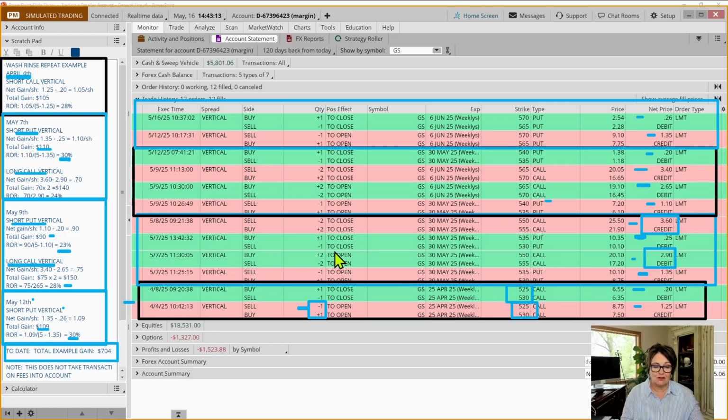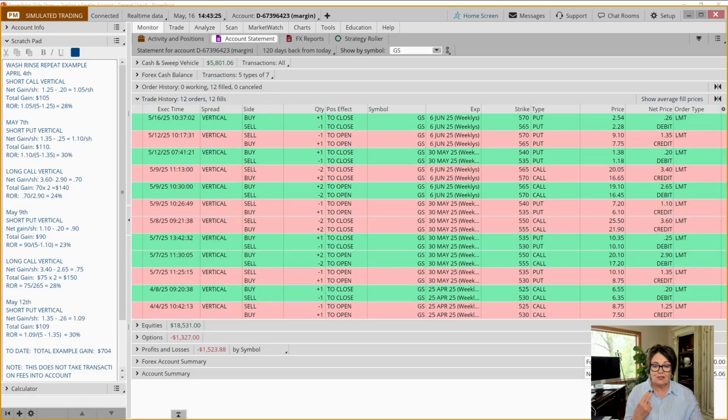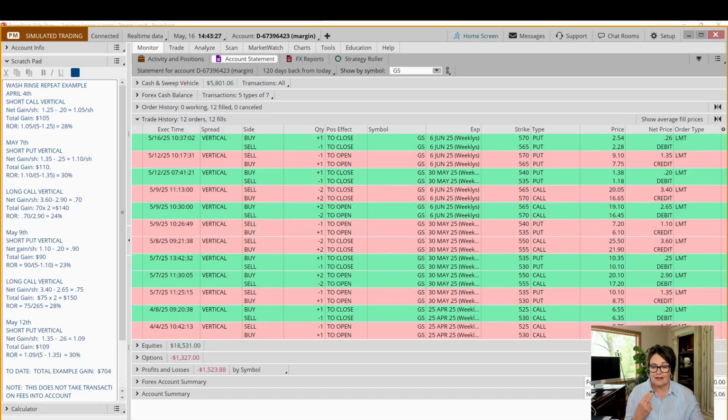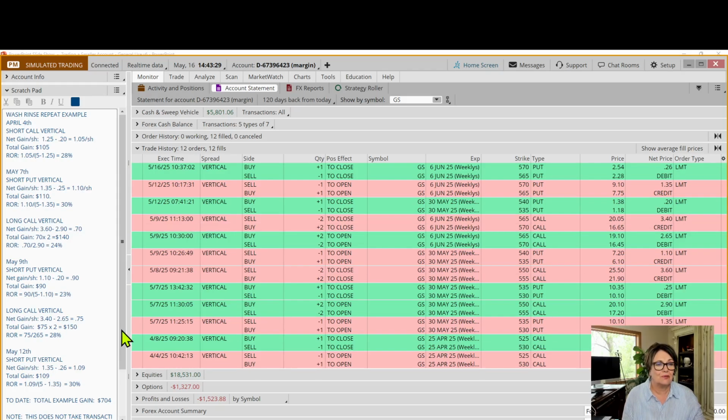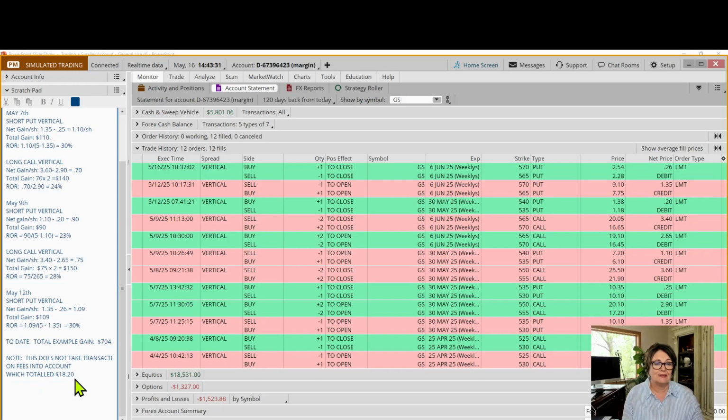It was 7 trades, and we had to pay $1.30 per contract to get into each one, and we paid $1.30 for each contract to close out the trade. So in total, the transaction fees, which I put at the bottom here, came to $18.20. And so that would come off the $704, just as an example.